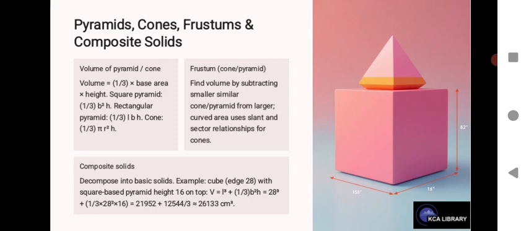At the end of the day, you will have 26,133 cm³.